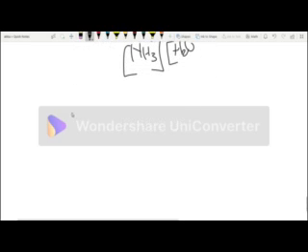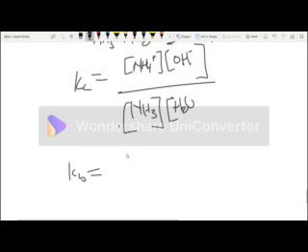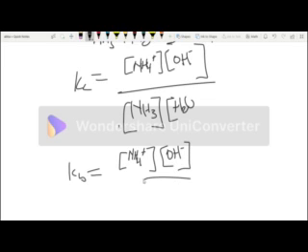So now for Kb, we remove water, then we just write the concentration of NH4 multiplied by the concentration of hydroxide divided by the concentration of the ammonia, something like this. So now we are done with the chapter.